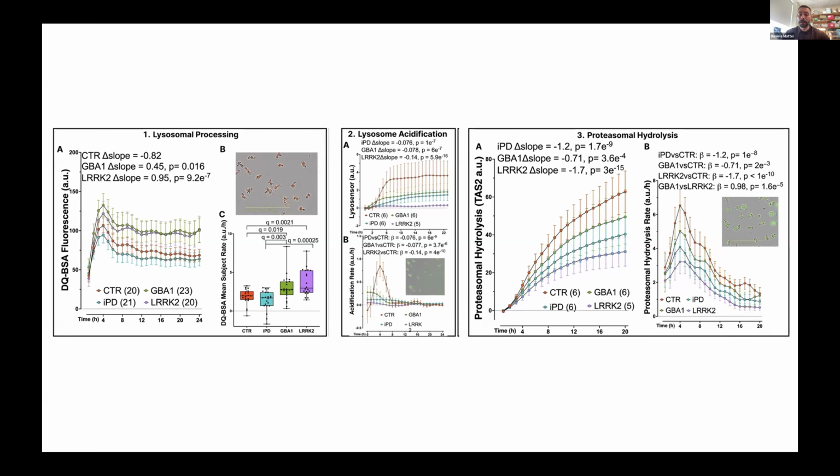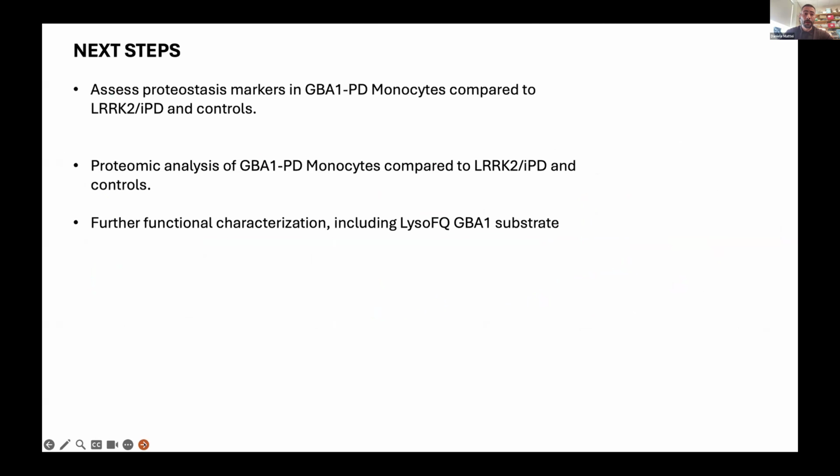And this might be at the basis of this integrated stress response signaling that we see, and which may lead to endoplasmic reticulum stress and mitochondrial dysfunctions. So these results highlight that boosting myeloid cell clearance might be a good path to reestablish immune dysfunctions in PD.